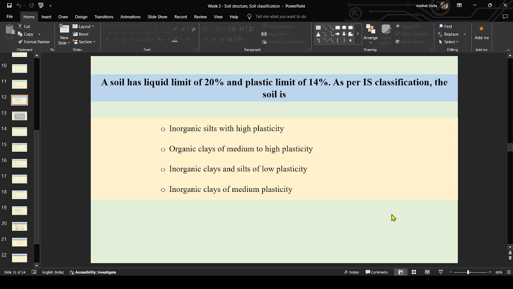Option 2, organic clays of medium to high plasticity. Option 3, inorganic clays and silts of low plasticity. And option 4, inorganic clays of medium plasticity.